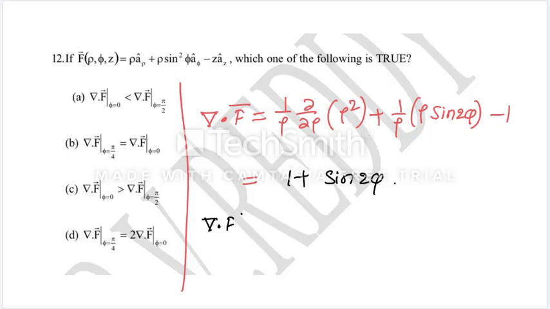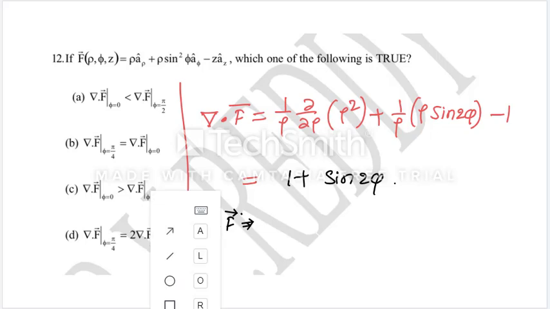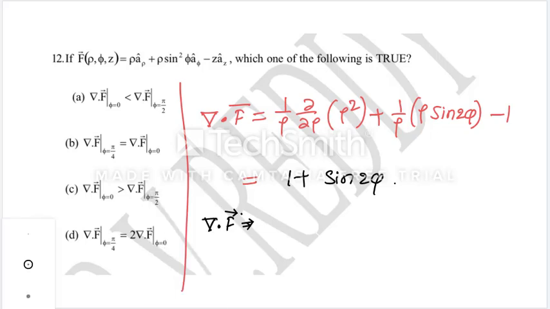So this is my del dot f now. So we'll find the del dot f at a given point now. Find out.